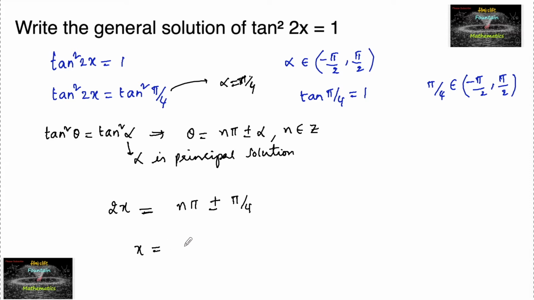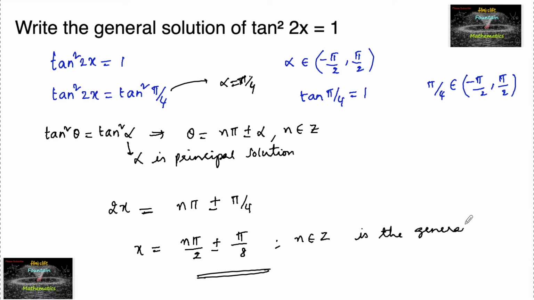So x is equal to n pi by 2 plus or minus pi by 8, where n is an integer. So n pi by 2 plus or minus pi by 8 is the general solution.